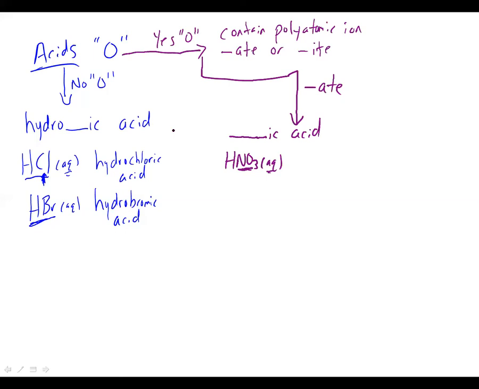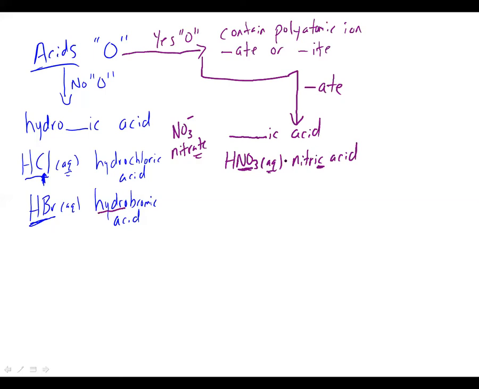As soon as you remember those polyatomic ions, you'll remember that NO3 is nitrate, ate. Because it's nitrate, it will become nitric acid. Again, because it contains oxygen, no hydro in that name. Hydro is only for those with no oxygen.